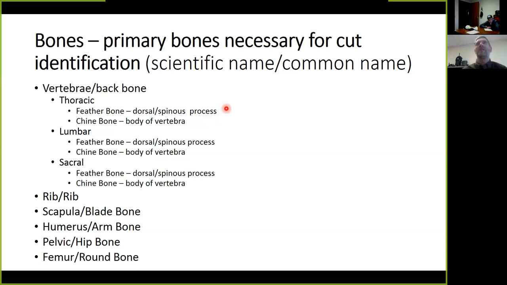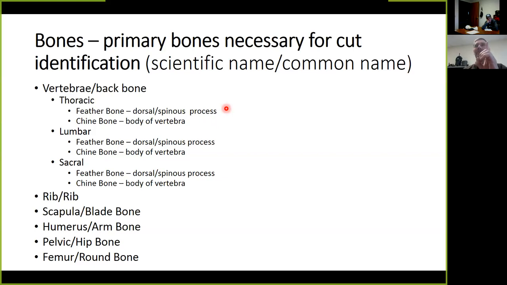So we'll look at the feather bones here in a minute, but if you think about a vertebrae like this, and this is a spinal column, then we have part of the bone that sticks straight up. And especially if you think about a bull, for instance, that has a hump in its back, it has a real good dorsal process, we call that, the dorsal or the spinous process of the vertebrae.